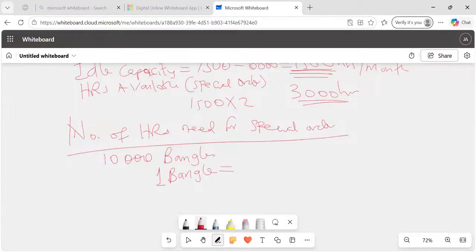Is there somebody who knows how many hours we need to make one bangle? 30 minutes, which translates to 0.5 hours.